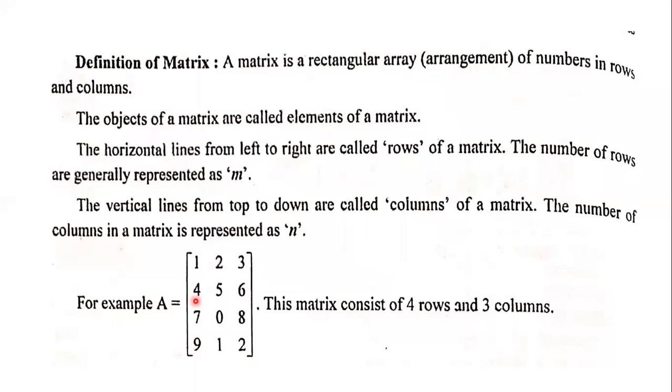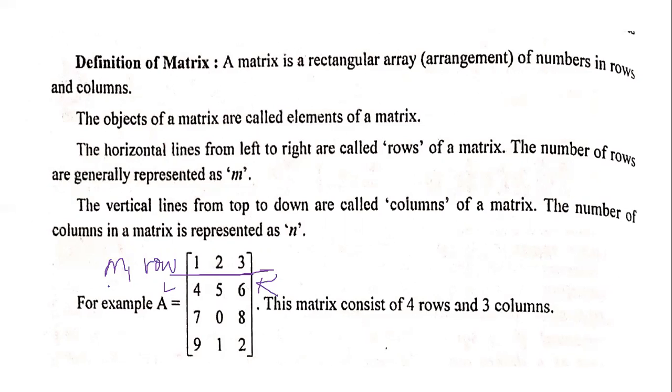The horizontal lines from left to right are called rows of a matrix. So if you see this matrix here, the horizontal lines are from left to right. So this is the first row of a matrix, and a row is generally represented by M. So this is M1.